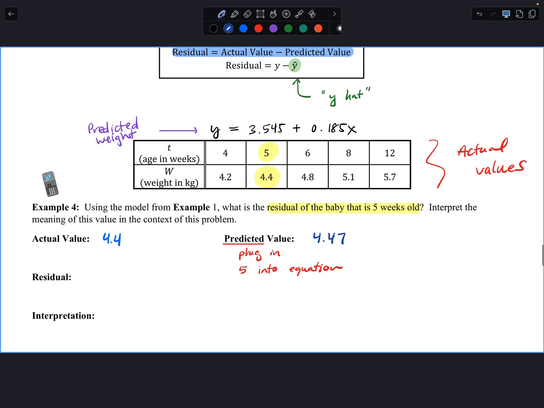So to calculate the residual, it's actual minus predicted. The actual weight of the baby at 5 weeks old was 4.4. The predicted model says that the baby should weigh 4.47. Okay, so if I subtract those, I'm going to get negative 0.07.